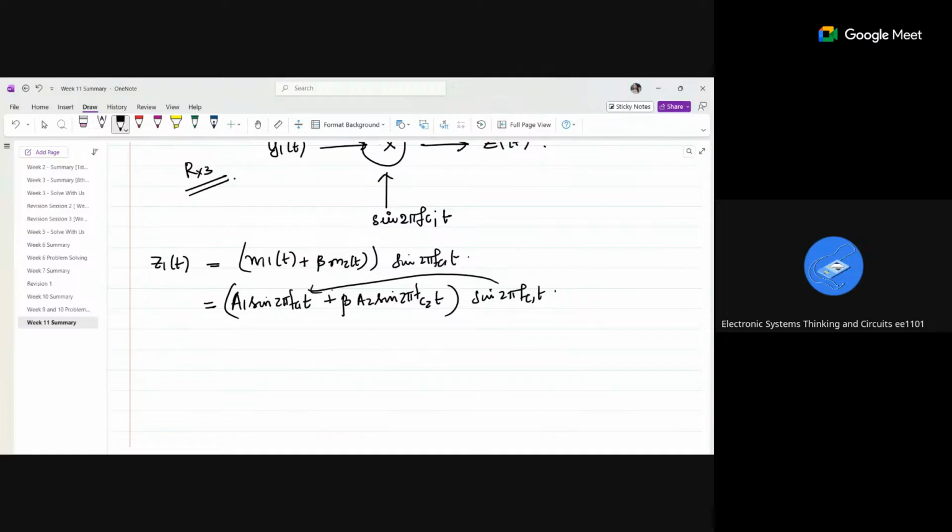So multiply inside by each term. It will become a1 sine square 2 pi fc1 t plus beta a2 sine 2 pi fc1 t sine 2 pi fc2 t.